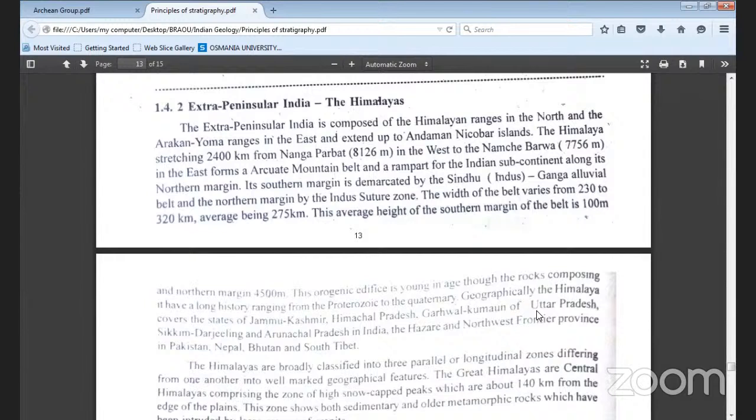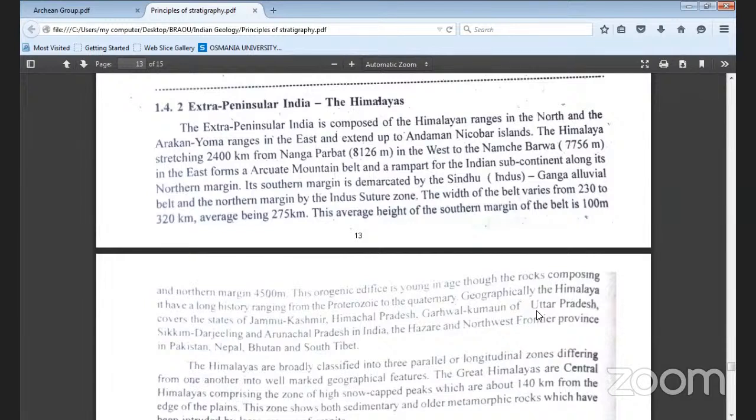The Himalayas stretch about 2,400 kilometers from Nanga Parbat, which is 8,126 meters, in the west to Namche Barwa, which is 7,756 meters, in the east. They form an arcuate mountain belt and a rampart for the Indian subcontinent along its northern margin.